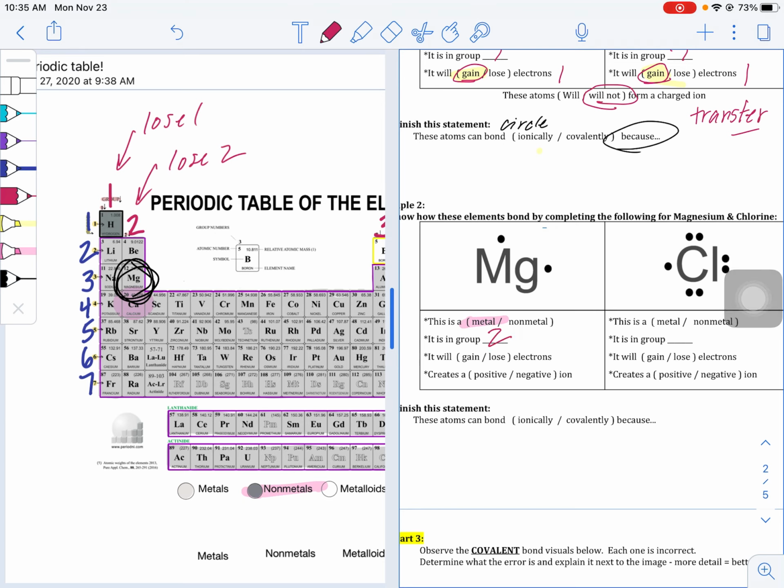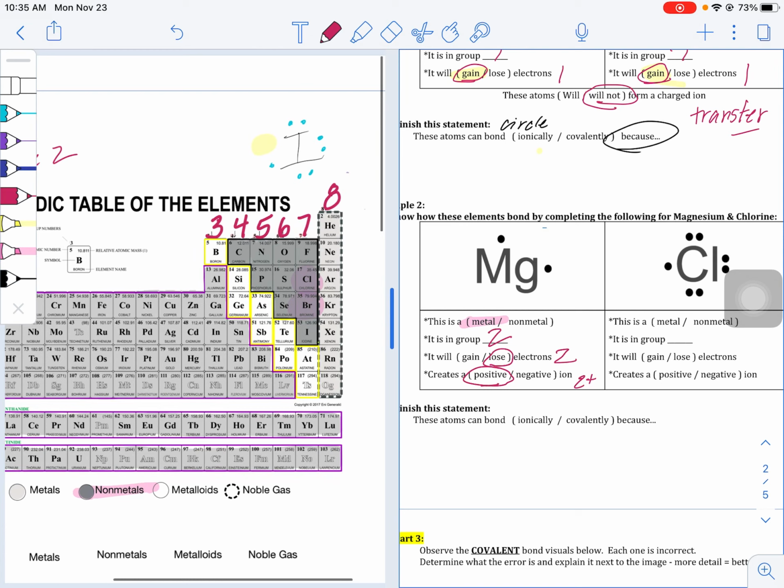Knowing it has 2, its options to gain or lose, it would much rather lose those 2 electrons. And as it does that, it would become a positive ion, right? We're losing 2, getting rid of them, transferring them over. The ion is going to be formed. 2+ is what we're thinking about.